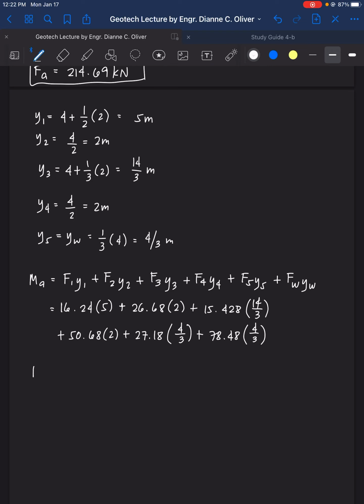So MA, moment active, is now equal to 448.797 kilonewton meter.